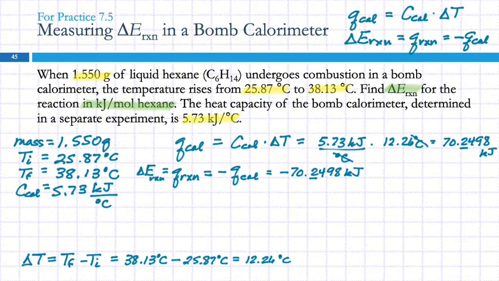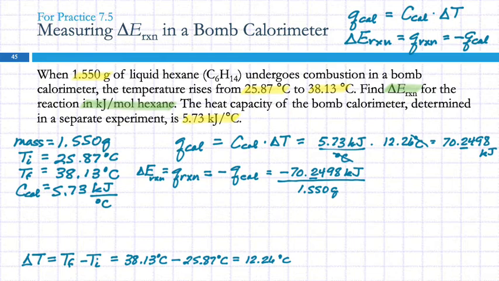But what about those units? It wants kilojoules per mole of hexane. So we were given the mass of hexane. So this is the amount of energy for 1.55 grams of hexane. So we could write it like this: it's that many kilojoules for 1.550 grams of hexane.